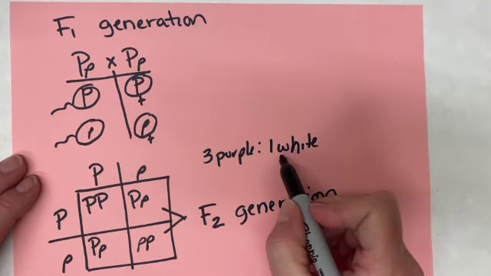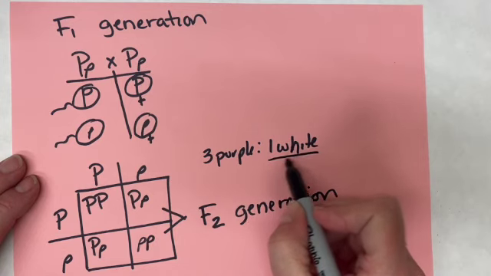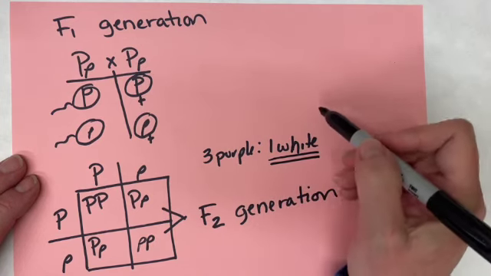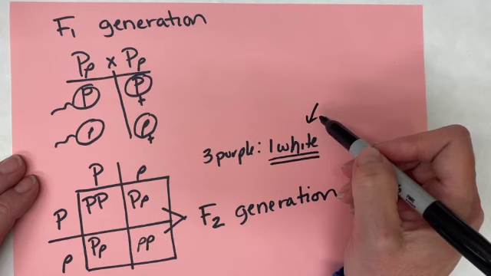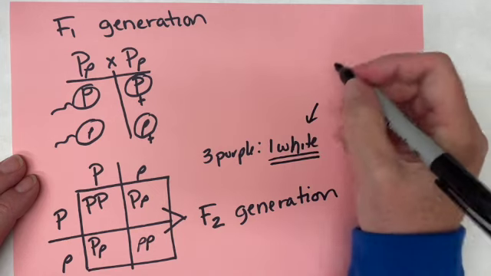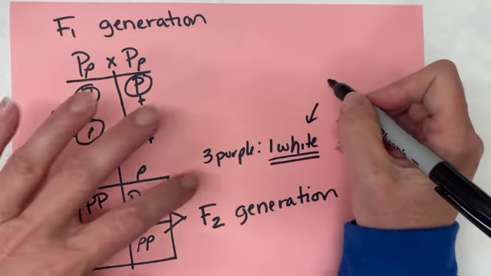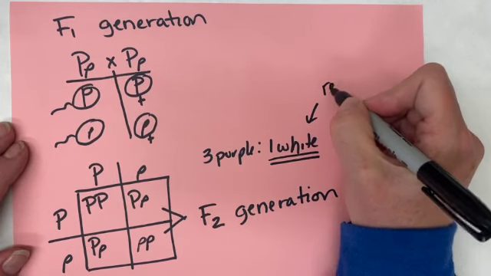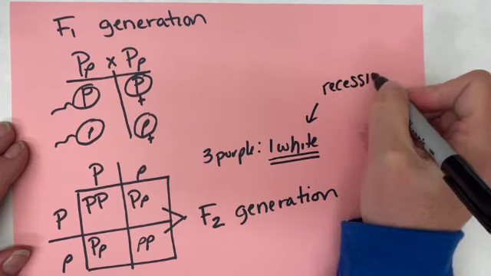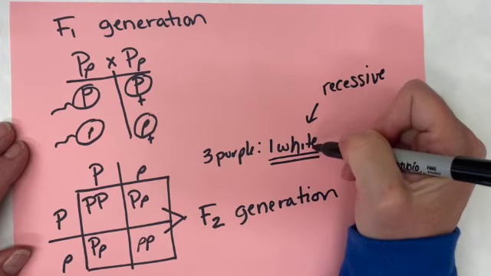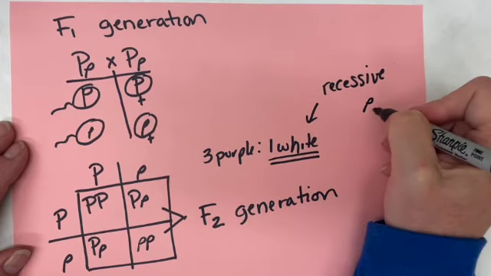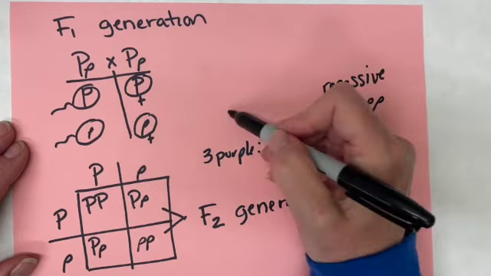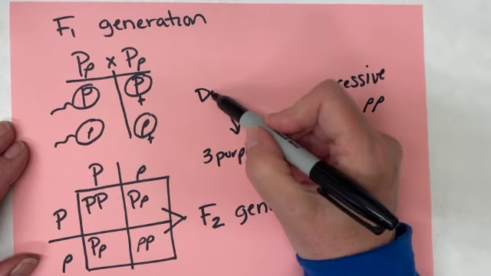The thing that was fascinating to Mendel was that the white ones showed back up again. And that's when he figured out that, oh, there's something about the white ones that's hidden if ever there's a purple allele around. So he called this recessive. This is the recessive phenotype. You've got the 2 recessive alleles. This is the dominant phenotype.